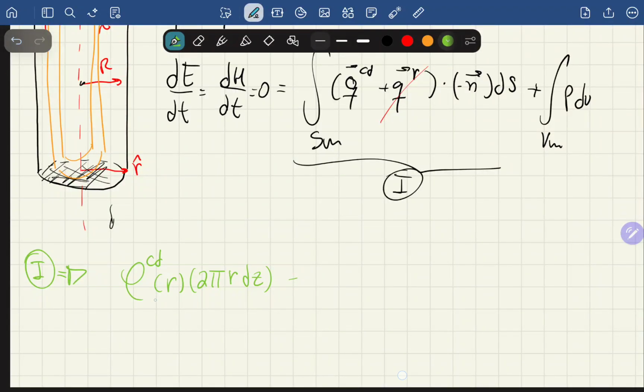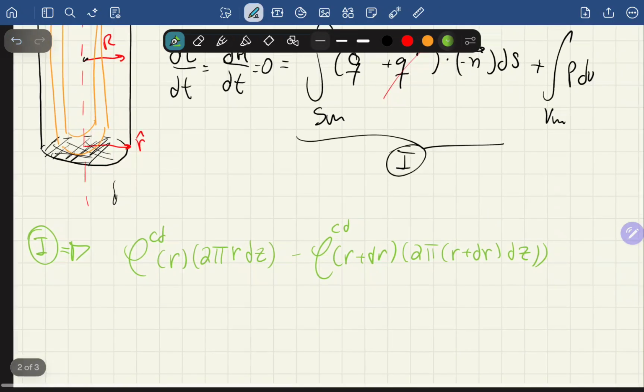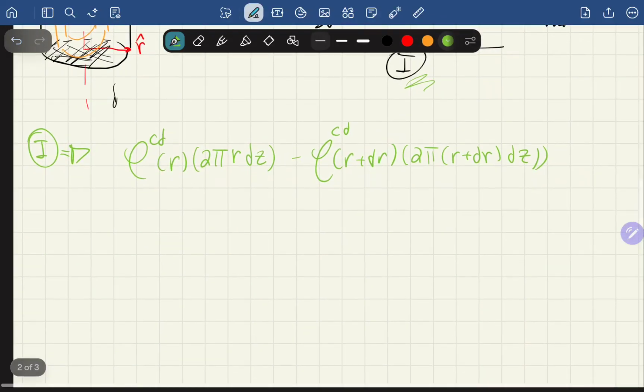Minus, because this is the heat coming in, and the heat coming out would be phi CD of R plus dr times 2 pi (R plus dr) dz. Okay, is that correct? Let me check. Yes, that's correct. And we're only looking at this term right now.